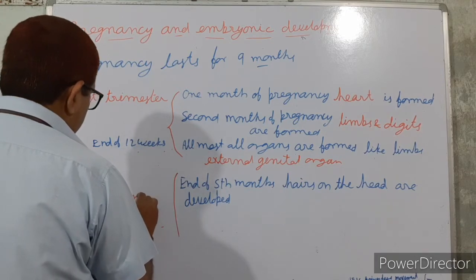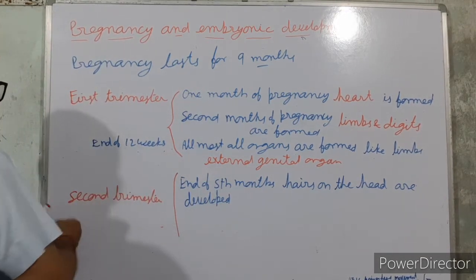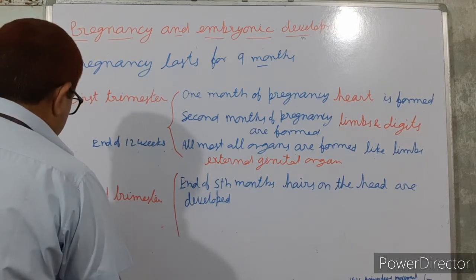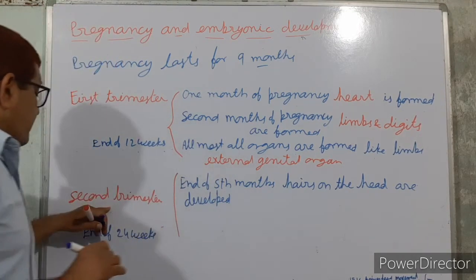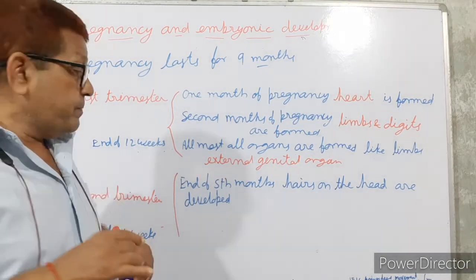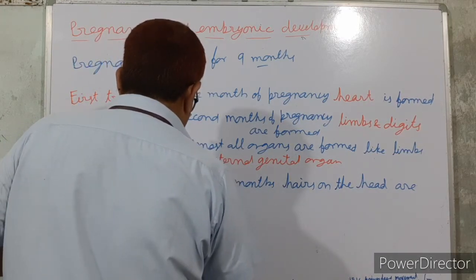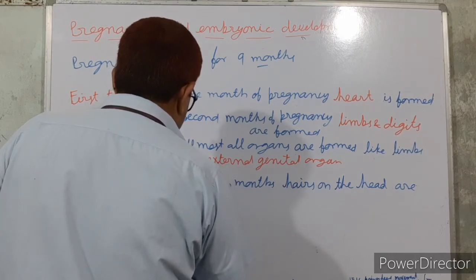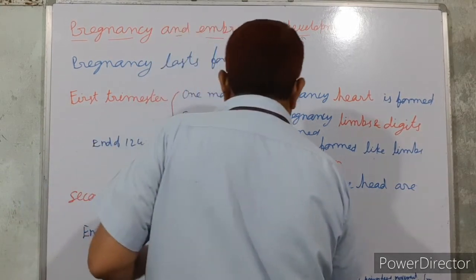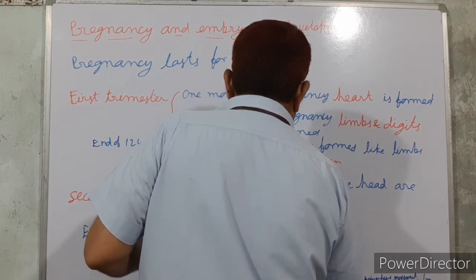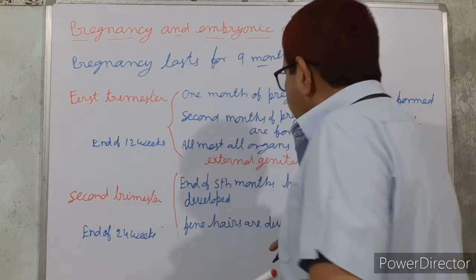Second trimester. And at the end of 24 weeks, means end of second trimester, fine hairs on the body are developed.